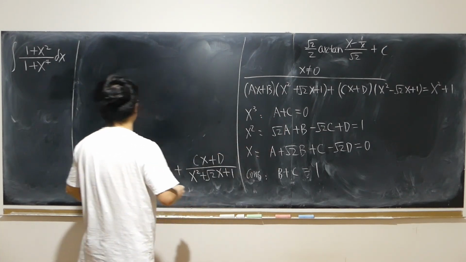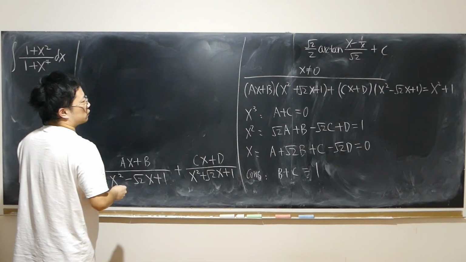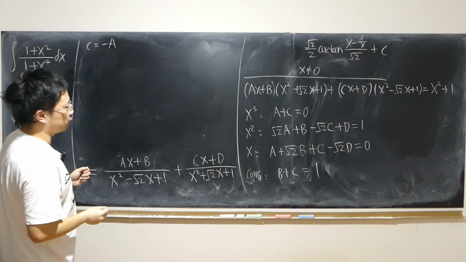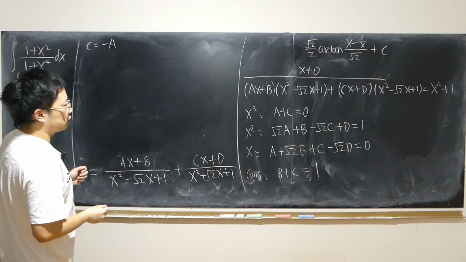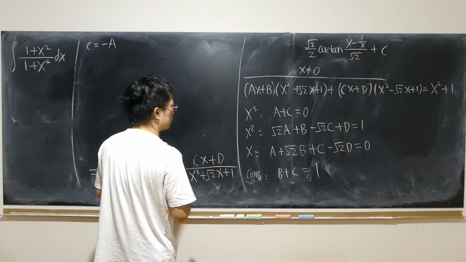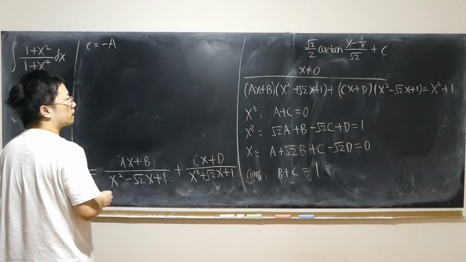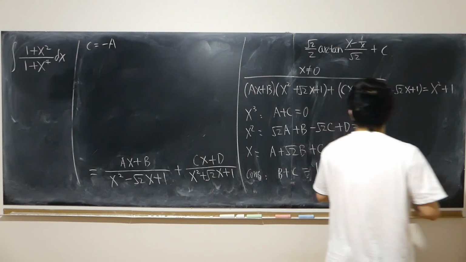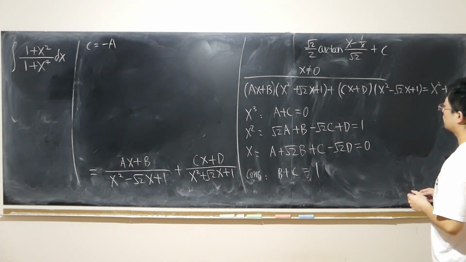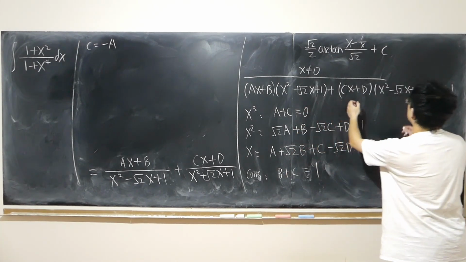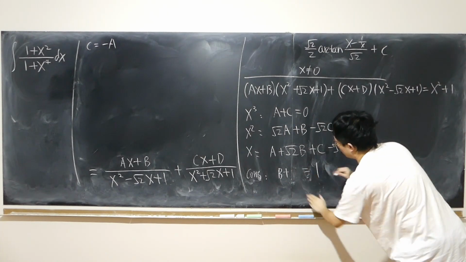Okay, so let's work out a, b, c, and d. So here I have c is equal to negative a. And in the constant term, b plus d equal to 1.